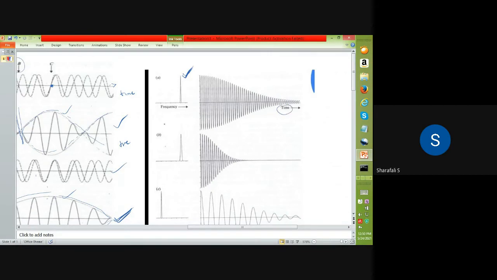From frequency domain to time domain, you have to use a Fourier transform technique. This Fourier transform technique will convert this spectral line into a signal like this in the time domain, and you can see that the signal is decaying and the intensity is reducing as time increases.